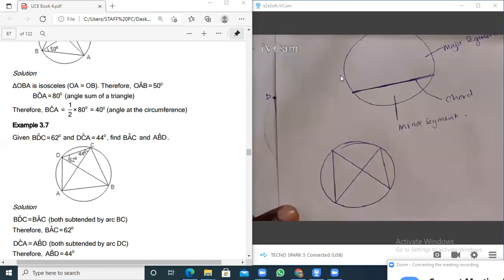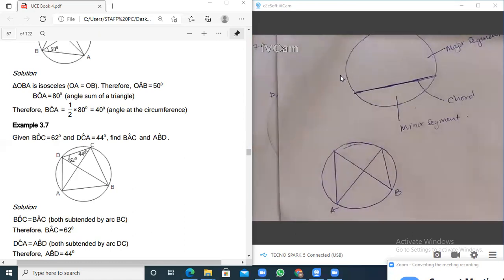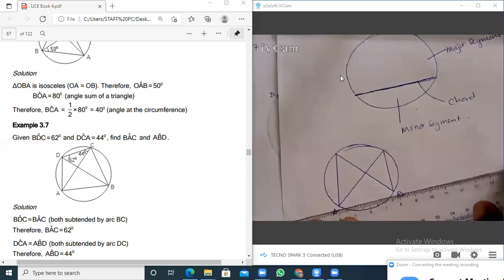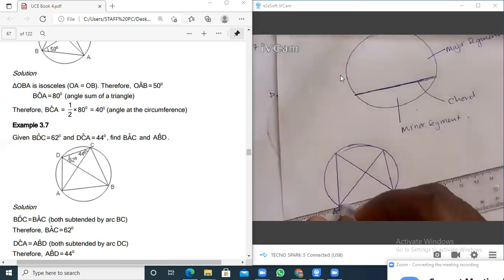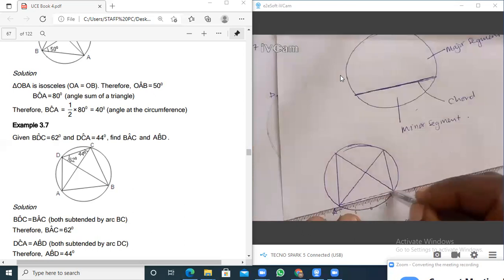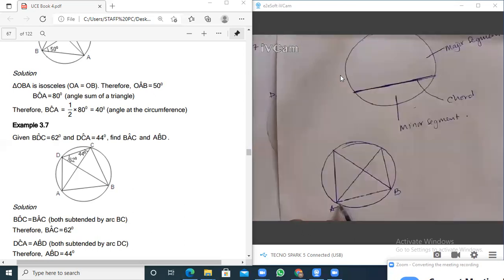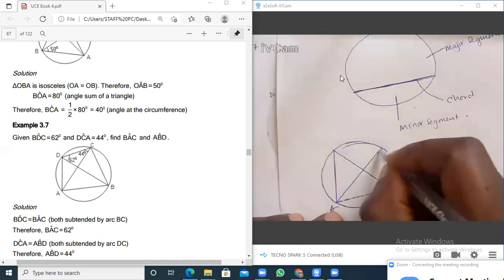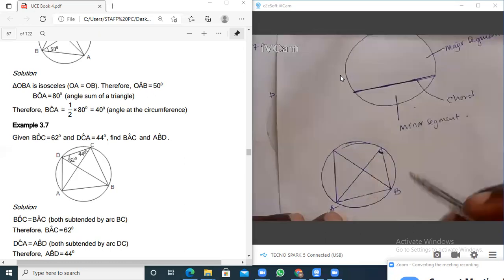Now, these angles, if I draw a chord from A to B, let me draw that chord, A to B. Let me even dot it for you to see the difference. It means that now this angle which is here is in this major segment.